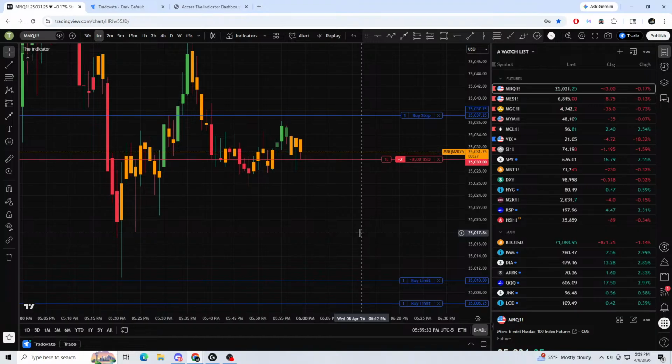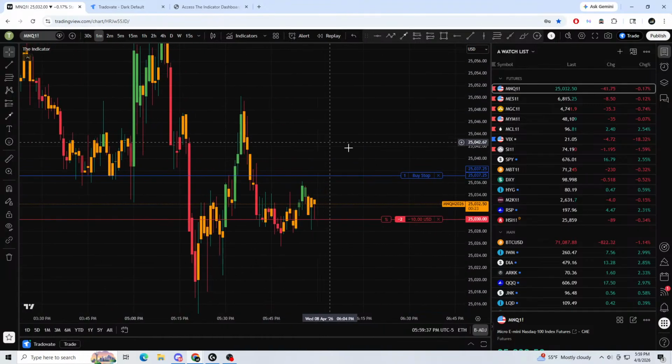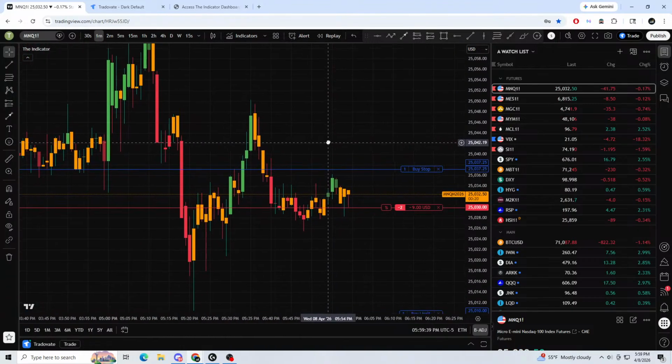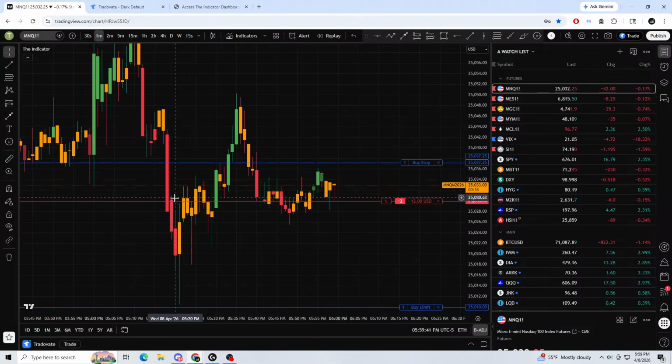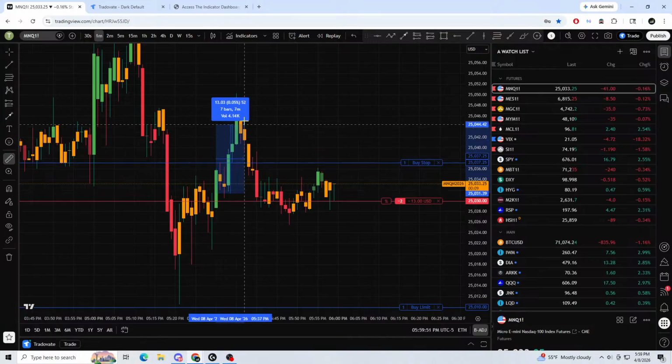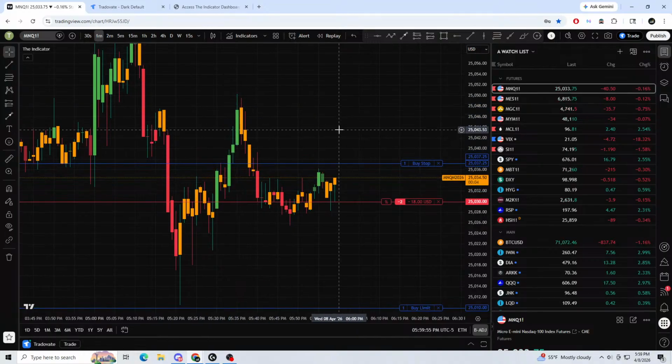It would be nice to have some liquidity, or some sort of something. We're just kind of consolidating. Pretty much since 521, we've been very small moves. We had this little move here, 18 points. That was the significant move.